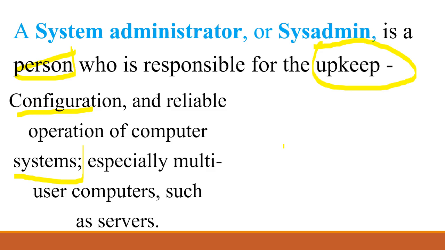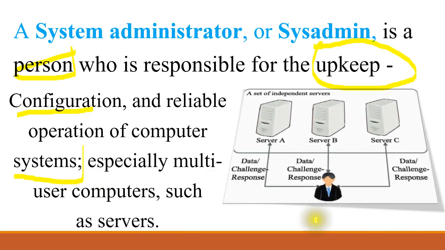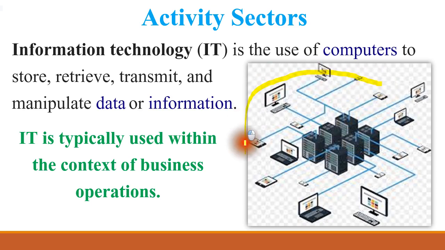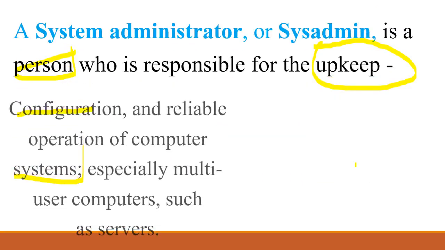Now this is what they need to take care of: configuration and reliable operation of computer systems, especially multi-user computers such as servers. So basically, you can go back to this. If you have a big infra, in that condition also there should not be any downtime. You have to ensure each and everything is up, especially if you are dealing in a server environment.